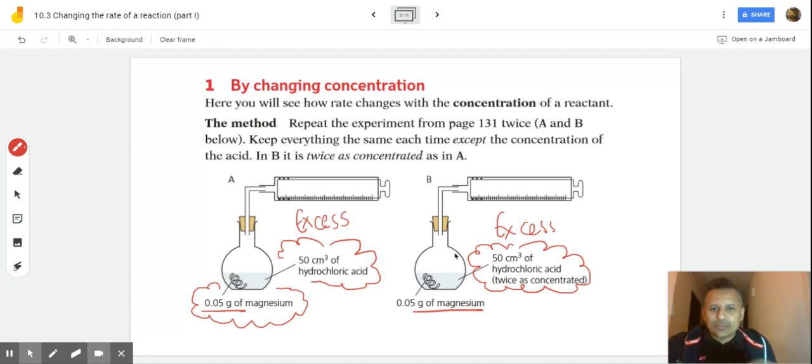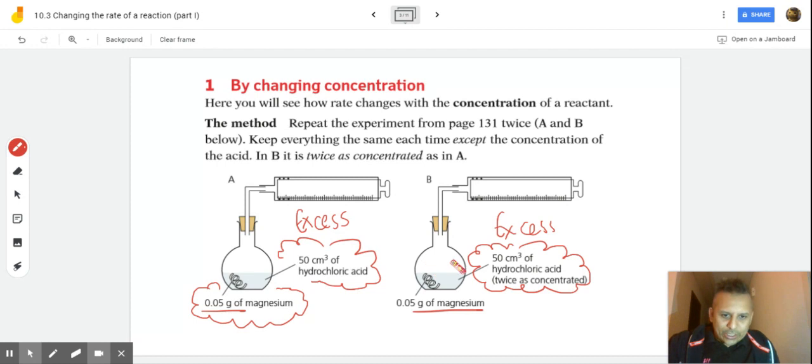So in both situations here, we have two experiments where the acid is in excess. But in the second one, we have twice the concentration. And what do we mean by twice the concentration?